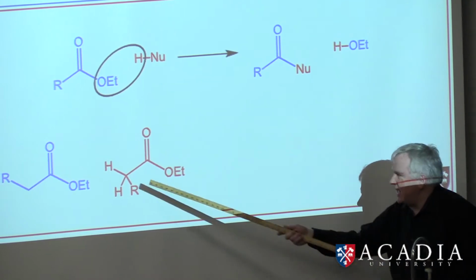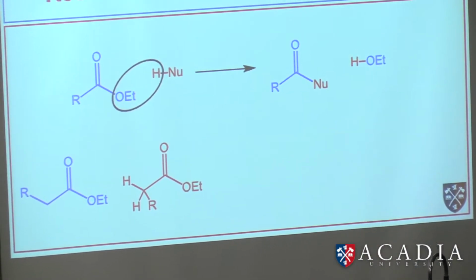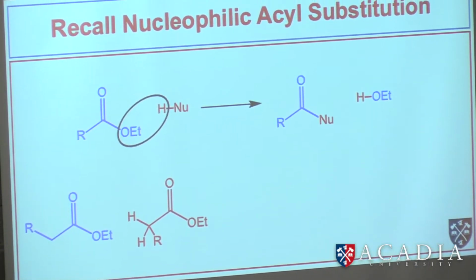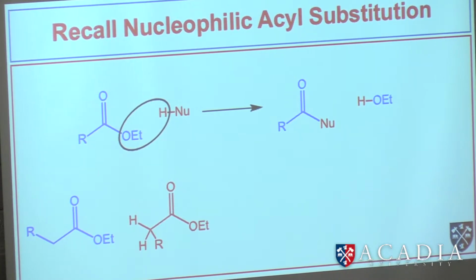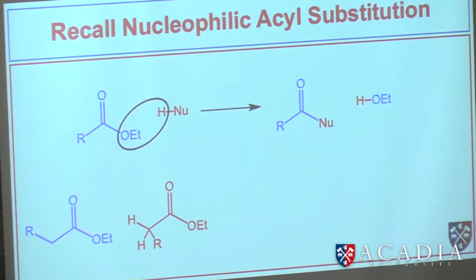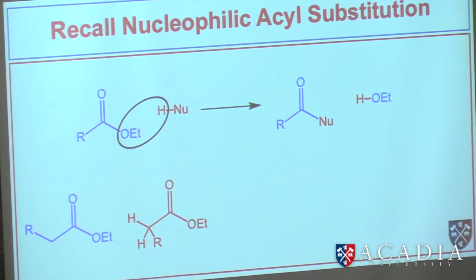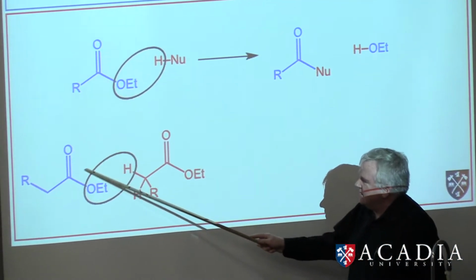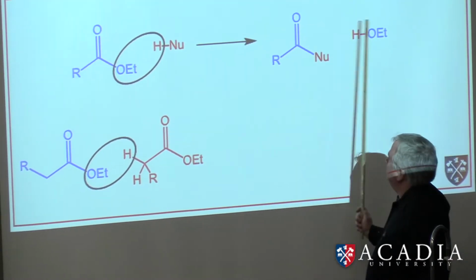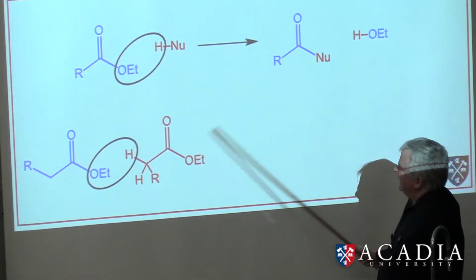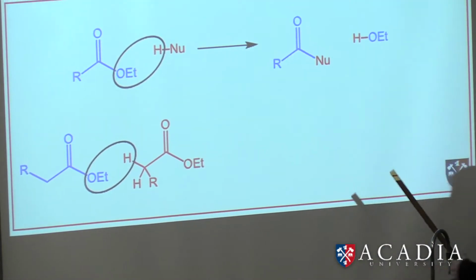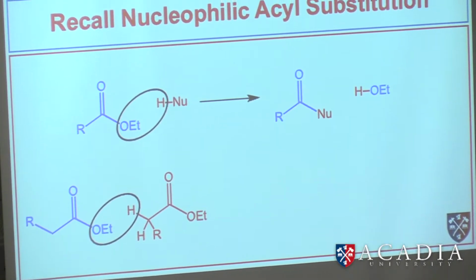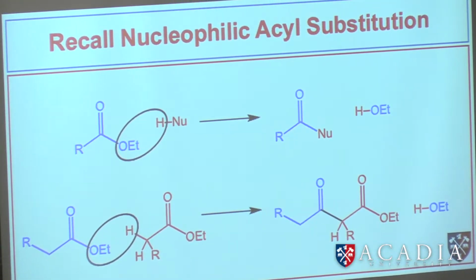So in this instance, I've drawn one of these as an electrophilic ester, the other as our nucleophilic ester. Once we have our nucleophile, let's just remove one of the acidic protons and the ethanol and form our ethanol, and then this nucleophile just gets bonded to the carbonyl carbon, and we end up with our product.